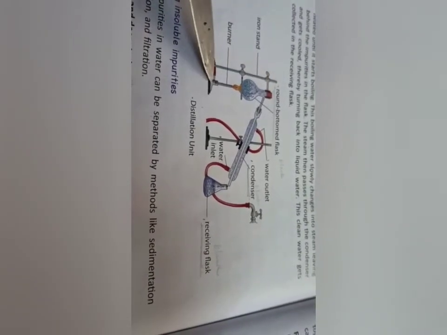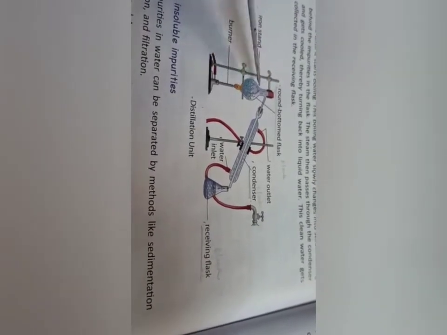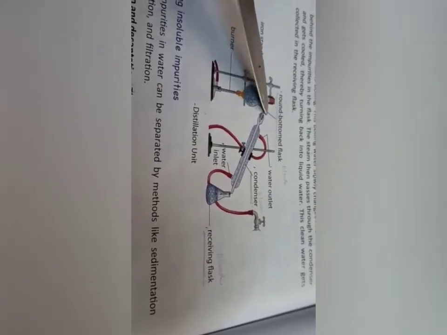this is the distillation flask. In the lab we are heating it from here. The water goes to the top. This is the round bottom, and this is a long neck, you can say. So the vapors will reach this place.